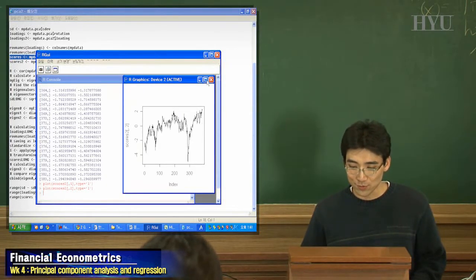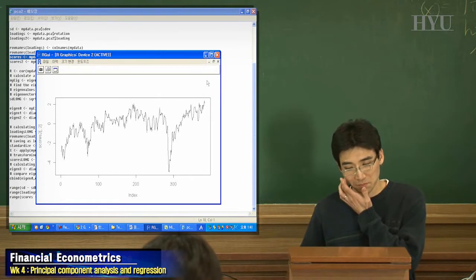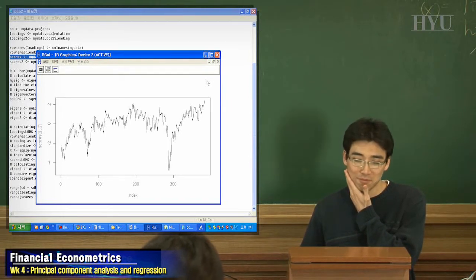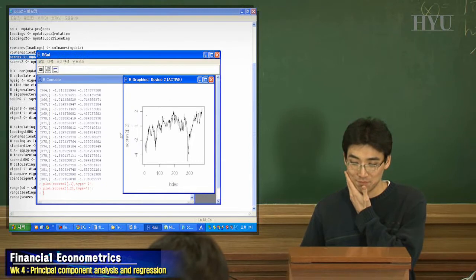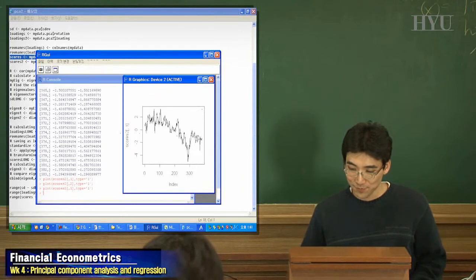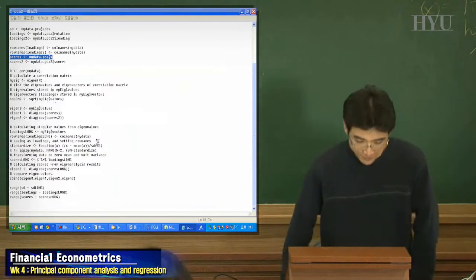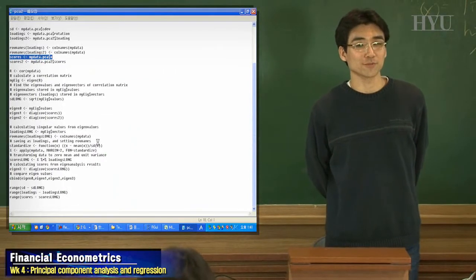Second principal component looks like this. What does that mean? Okay. Anyway. Any other question?